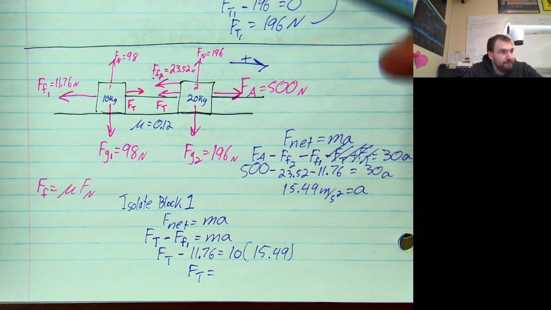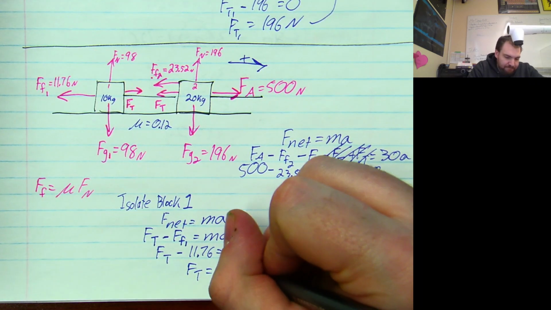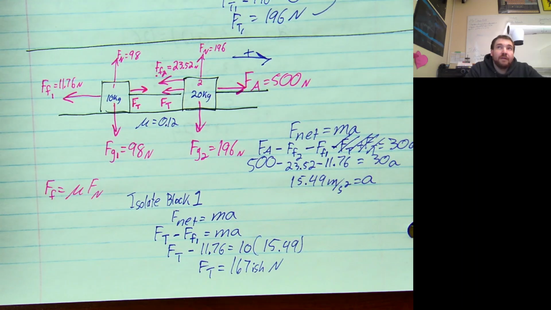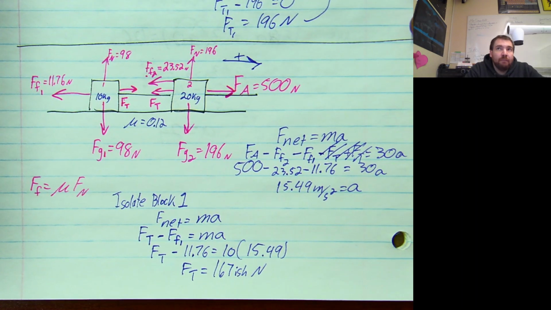That's what you got? Plus or minus something. Okay. 166.66. Okay. Make sense, Eric? Okay.